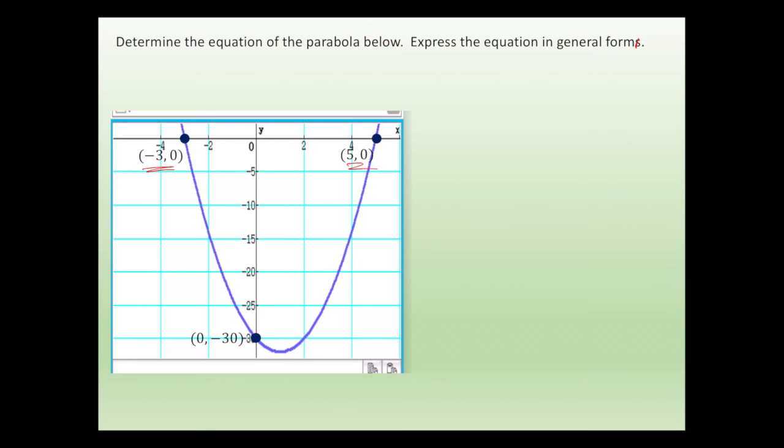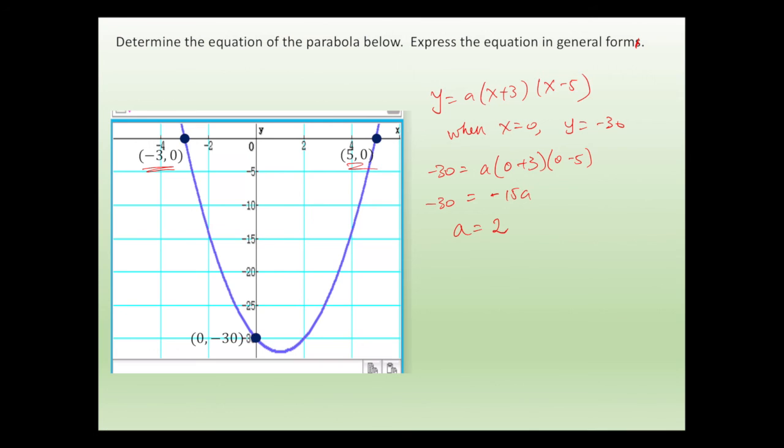Let's see. y = a, again it's (x + 3) because the x-intercept is (−3, 0), and (x − 5). So this time, when x = 0, y = −30. Let's work this out. −30 = a(0 + 3)(0 − 5), which means −15a = −30.